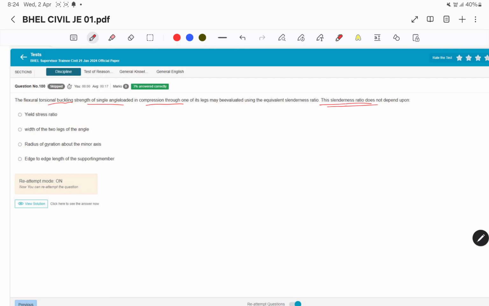The slenderness ratio depends on L upon r, with r the radius of gyration about the minor axis.